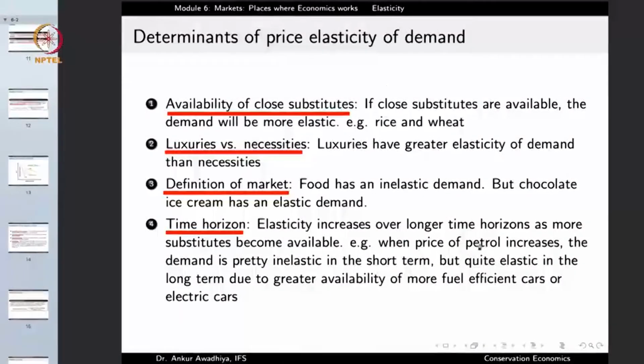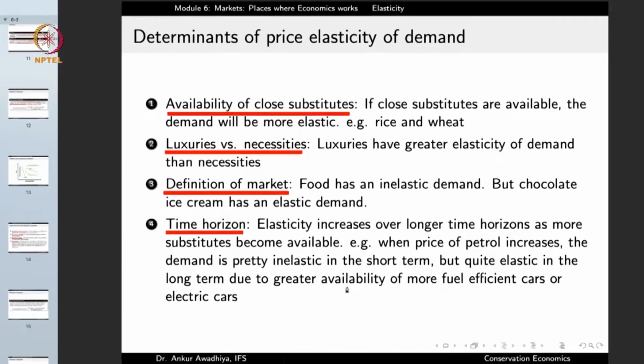Now, this is generally not very feasible in the short term, but in the longer term, we can make changes to our lifestyle. We can make changes to the products that we are using. So the demand is pretty inelastic in the short term, but it is very elastic in the long term due to greater availability of more fuel efficient cars or electric cars.